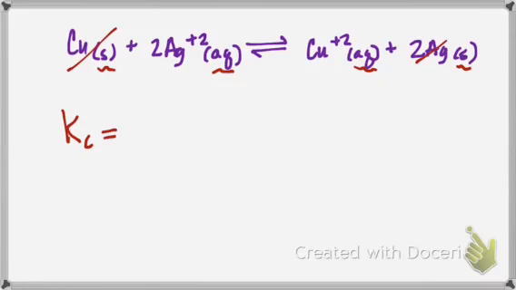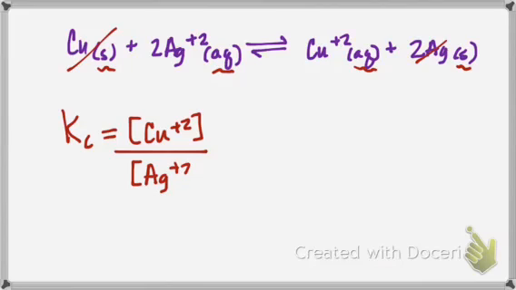On the right hand side I have a +2 copper cation, and I'm going to put it over a silver cation, and because I've got this coefficient of 2, I'm going to put a 2 there as my exponent. So that's my constant for that particular equation.